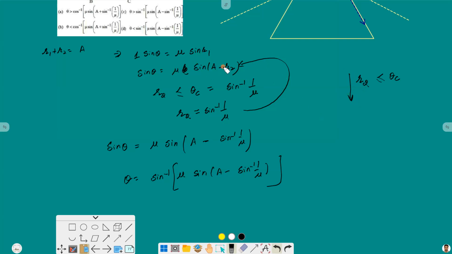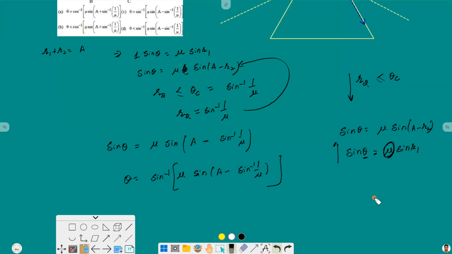From this expression, we have sine of theta is equal to mu into sine of A minus R2, or basically we can write it like sine of theta is equal to mu sine of R1. Now this mu is constant.